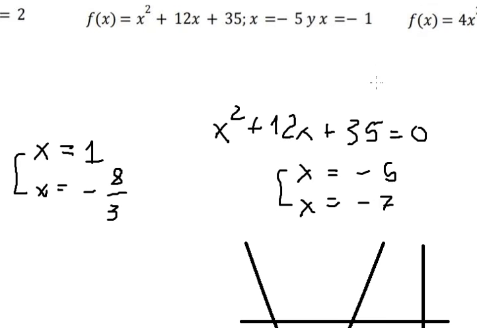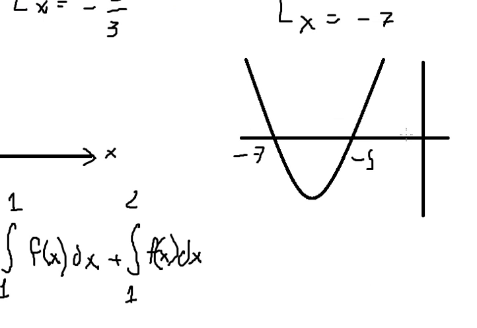But from negative 5 to negative 1, they are in the positive area in here. So that means because this is positive area, we just write only one integral from negative 5 to negative 1.